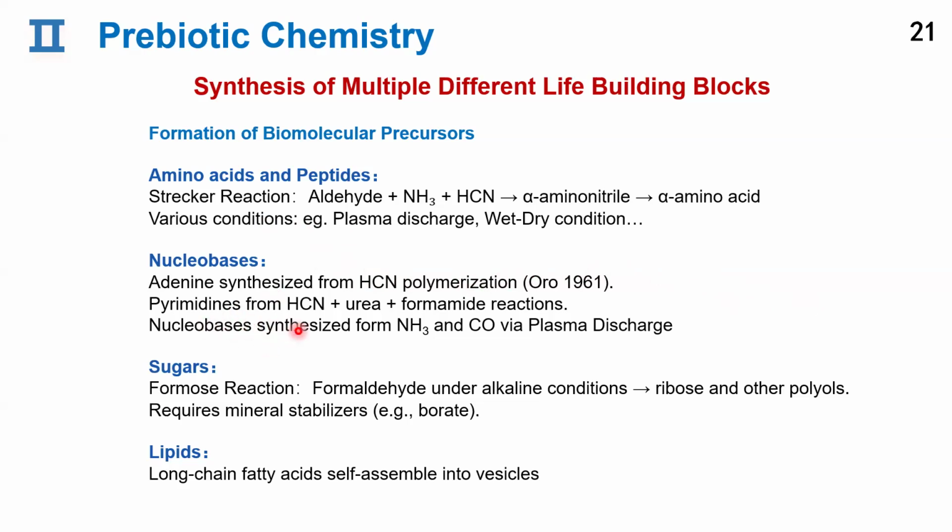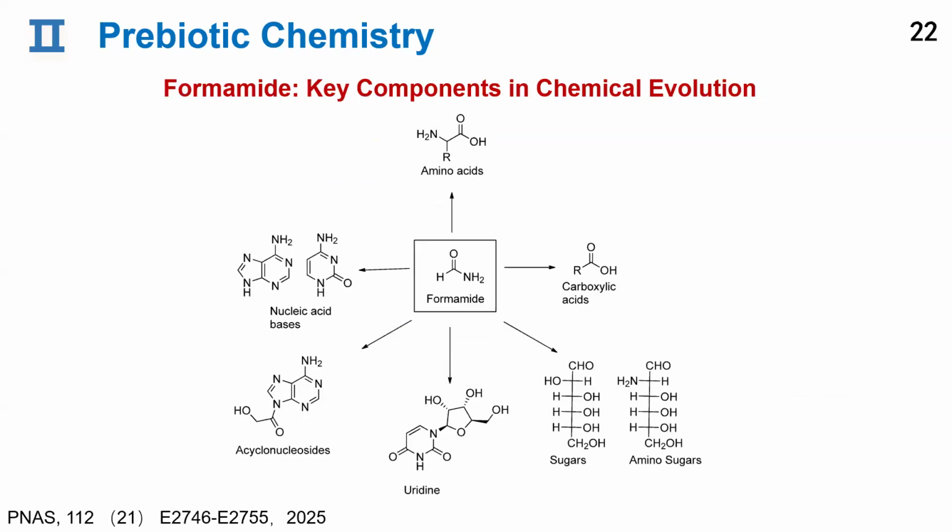And nucleobases like adenine could be synthesized from HCN polymerization. And for sugars, it is shown that the formose reaction is a very important pathway to synthesize the sugars and the lipids. Molecules such as the amino acids, nucleic acids, and sugars could form through various prebiotic reactions.